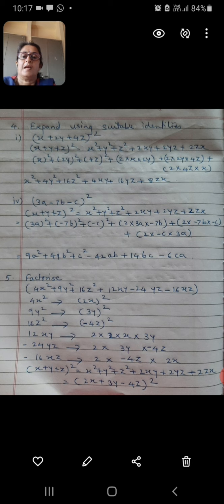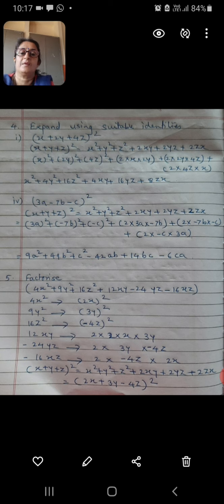The first term x we are going to consider as x only, 2y as y and 4z as z. So in the format, replace the numbers. So x square becomes x square as it is, y square is (2y) square and z square is (4z) square, and 2xy is 2 into x into 2y, 2yz is 2 into 2y into 4z, and 2zx is 2 into 4z into x.